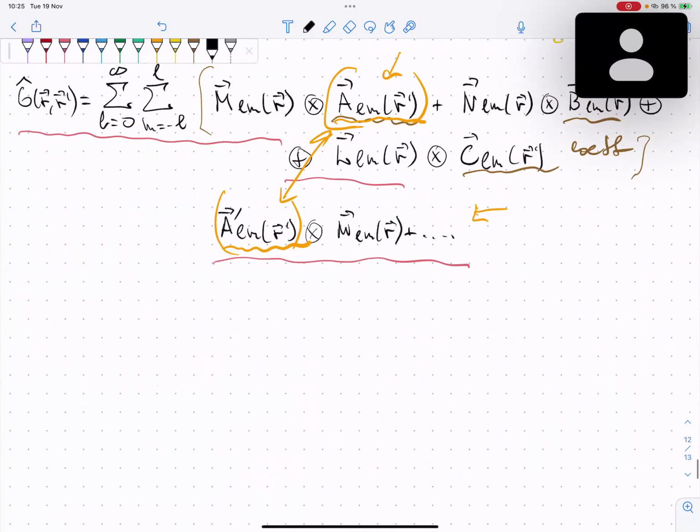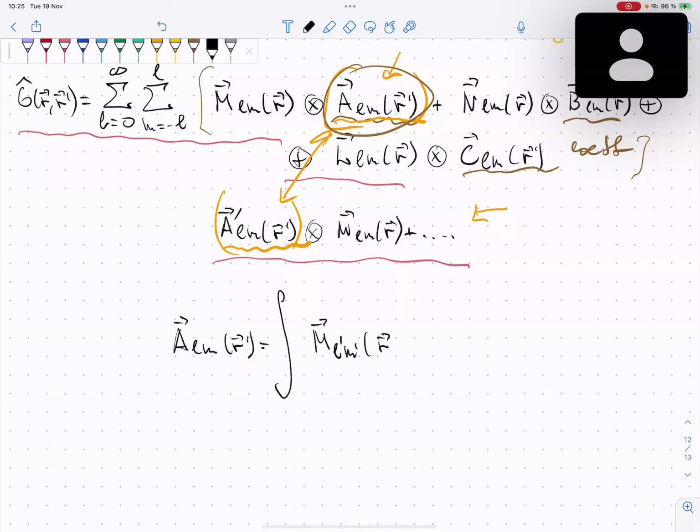So to derive this coefficient, for example A_LM, we can use the orthogonality of vector spherical harmonics and write it as the integral over the whole volume of M_L'M' of R multiplied by the Green function of R and R prime.